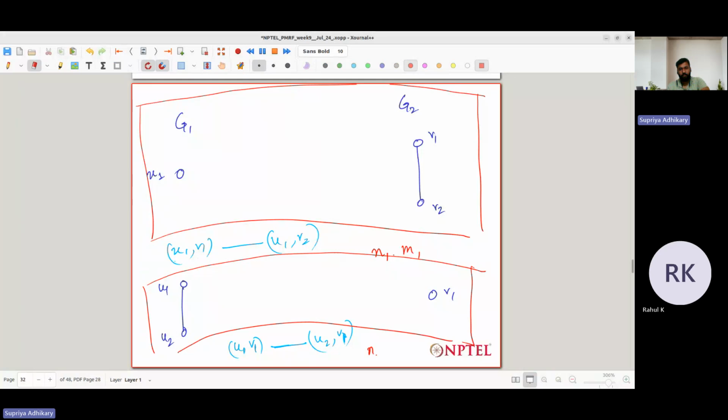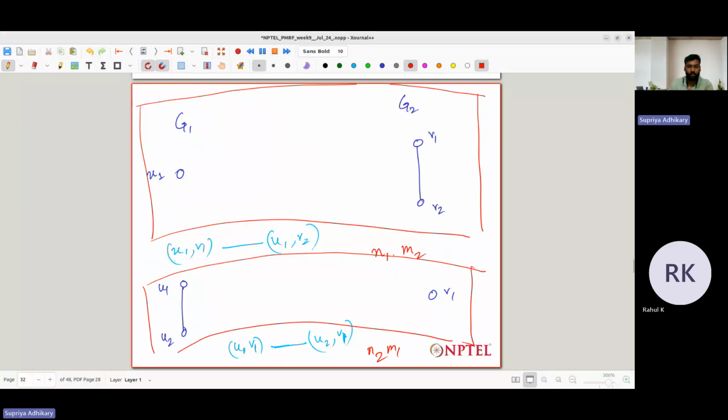M2 M1, this many edges, and over here we can construct M2 M1, this many edges.